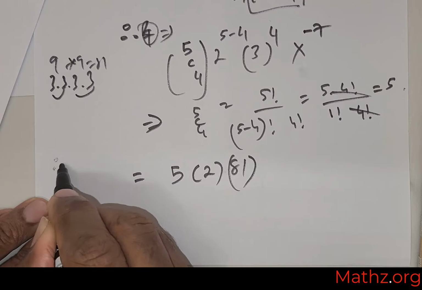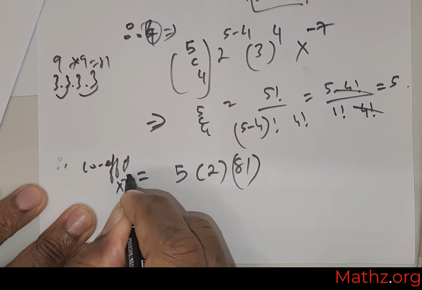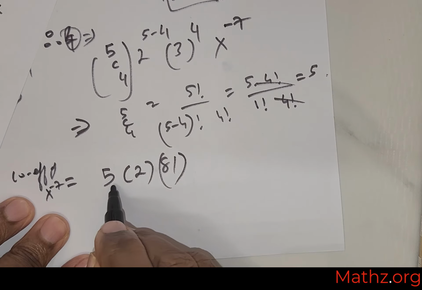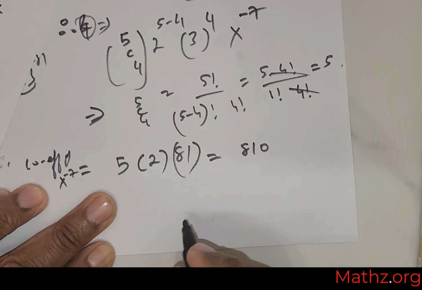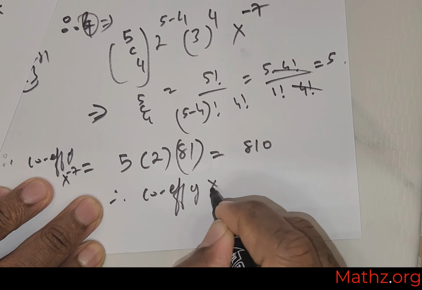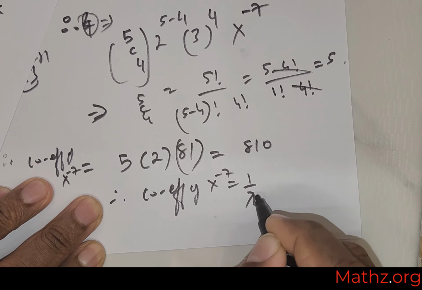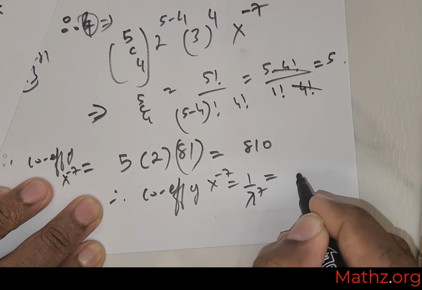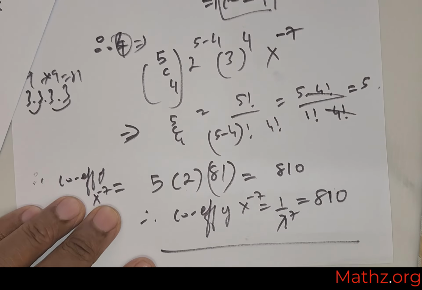So you can just simply say therefore the coefficient of x raised to the power of negative 7 is equal to 5 times 2 is 10. 10 multiplied with 81 will give you 810. So therefore the coefficient of x raised to the power of negative 7, which is also 1 over x raised to the power of 7, is equal to 810. So that completes the solution for this question. We move on to the next one.